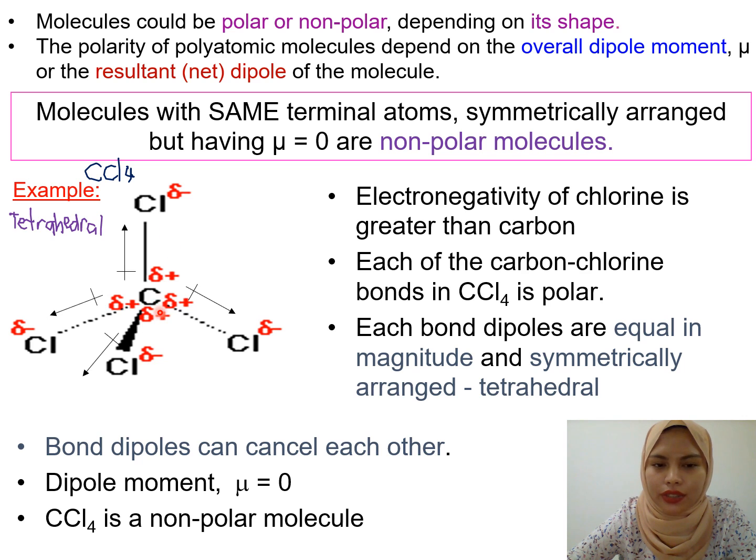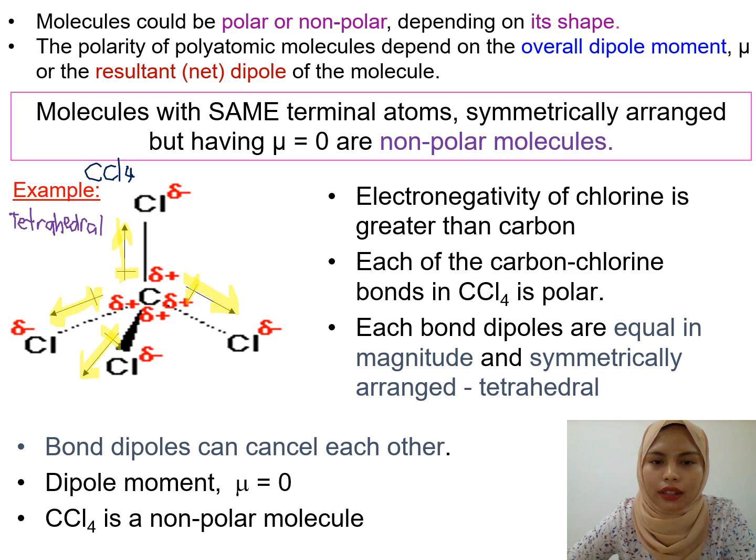Carbon dia less electronegative, so carbon dia akan jadi positive end, chlorine akan jadi negative end. So you have to draw the bond dipoles before you nak conclude the overall dipole moment. Okay, so this is how you draw the bond dipole untuk setiap bonds yang ada di CCl4. Bonds kat CCl4 kan ada 4, so that means you akan ada 4 bond dipole.